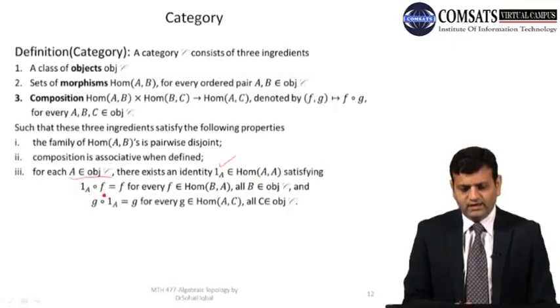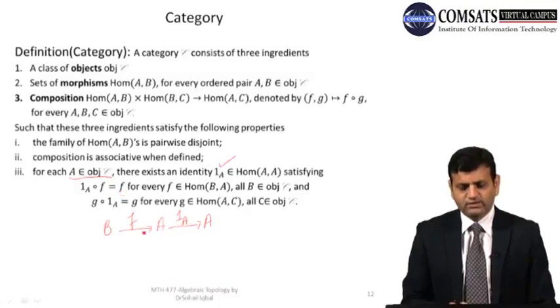If I have f from B to A, and I start from f and compose it with the identity of A, then this composition is nothing but f. So if I start from an element b of B and take its image under f and then apply 1_A, this is the same as f of b.